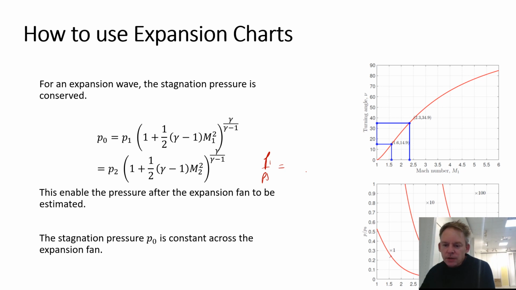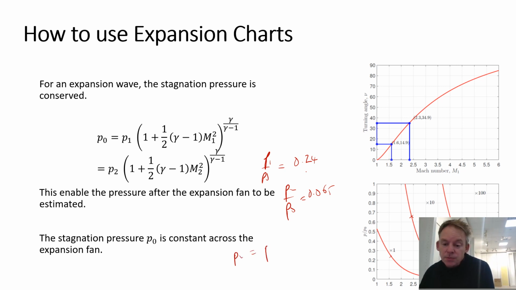Let's say that gives you a value of 0.24, and P2 over P naught, since M2 is going to be about 2.3, take 2.3 up to here, that's going to be 0.065. What we're really interested in is P2.